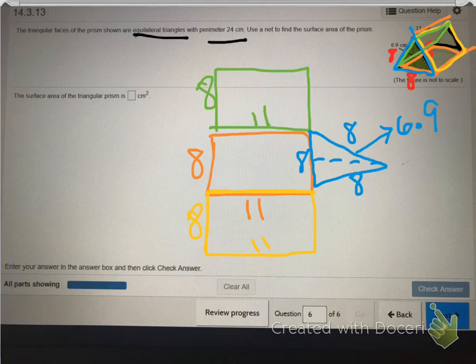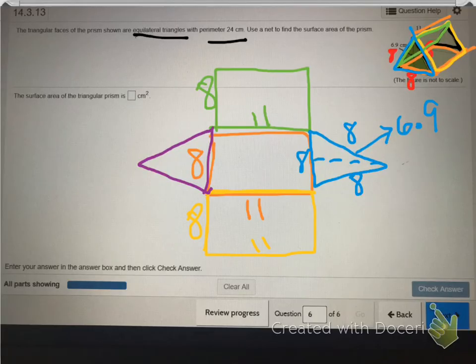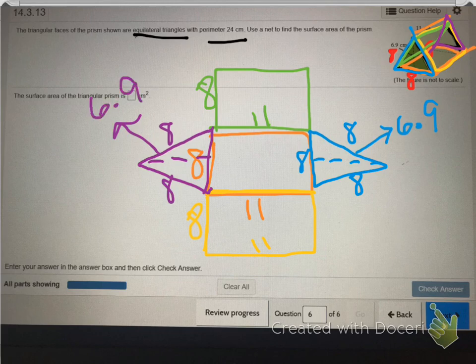And then the last part of this we need to draw is the back triangle, right? This guy right here. Okay? And so I drew that there, and we'll label my sides, and the height is the same, 6.9. Now all we need to do is find the area of each of these pieces.